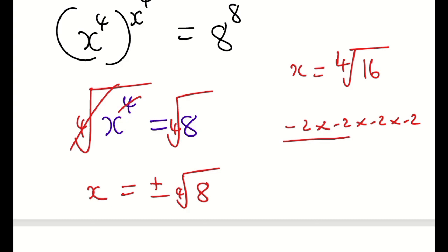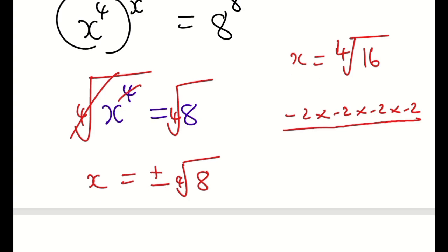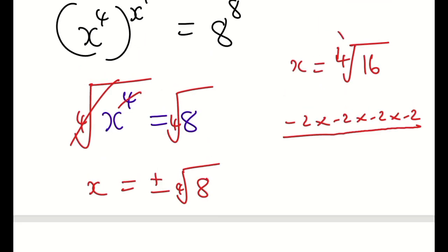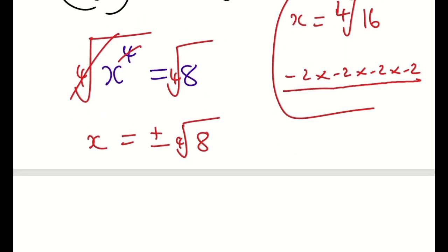Minus 2 times minus 2 is 4. 4 times minus 2 is negative 8. Negative 8 times negative 2 is 16. So that's why I put plus or minus here, because we are dealing with the fourth root. So therefore, what this means is that x is equal to plus or minus the fourth root of 8.